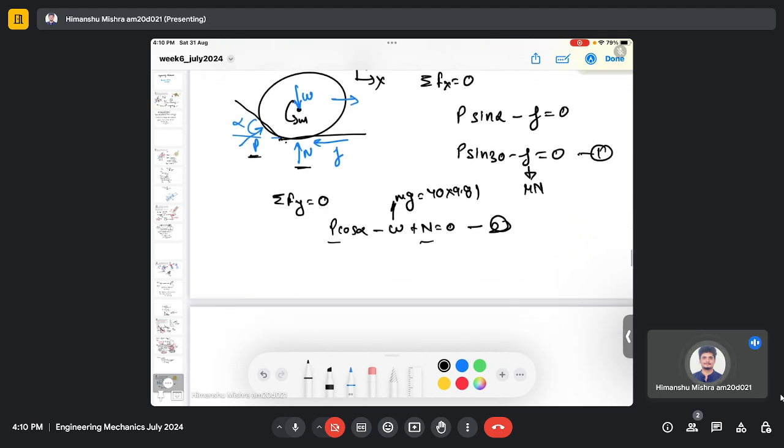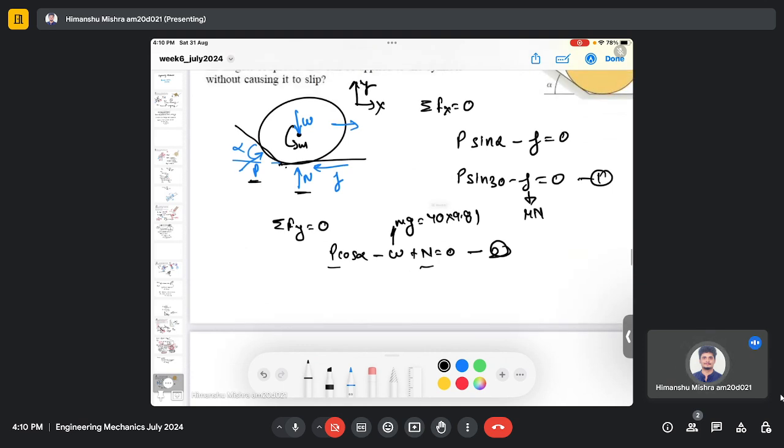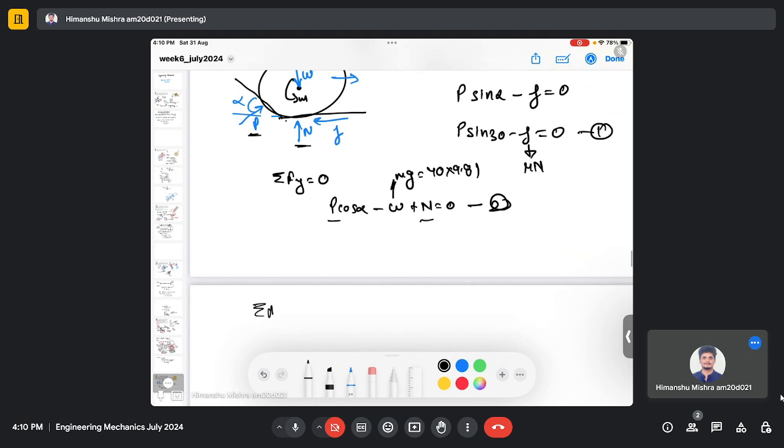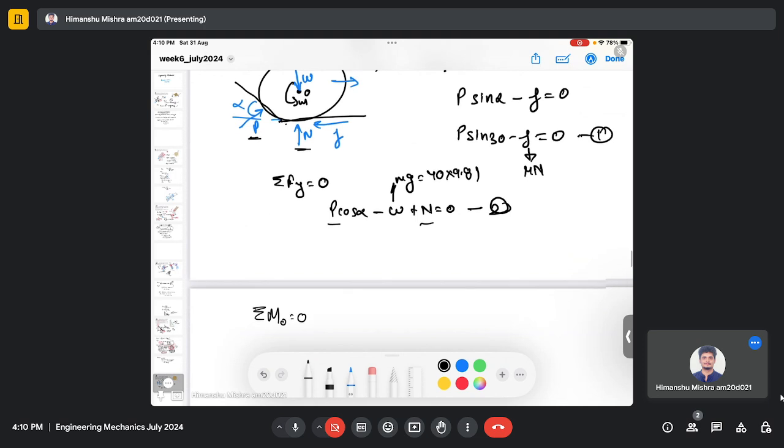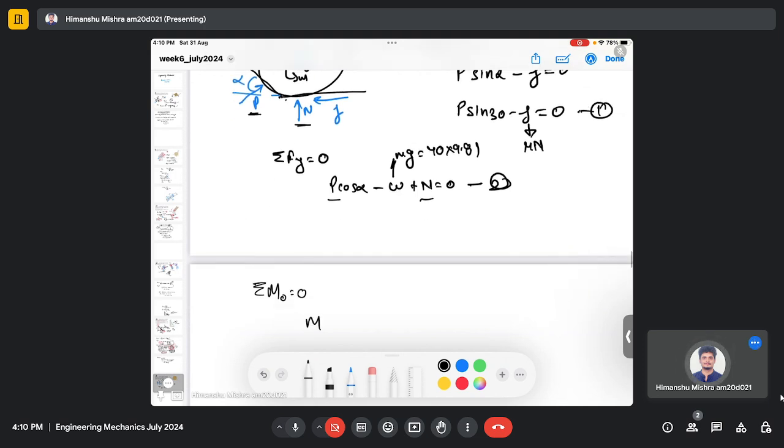So first let's write down the moment equation. If you take the moment at the center of the cylinder, let's consider this is point O, and equate it to 0, then the moment will be caused due to the external moment M and due to the friction force, mu s times r.